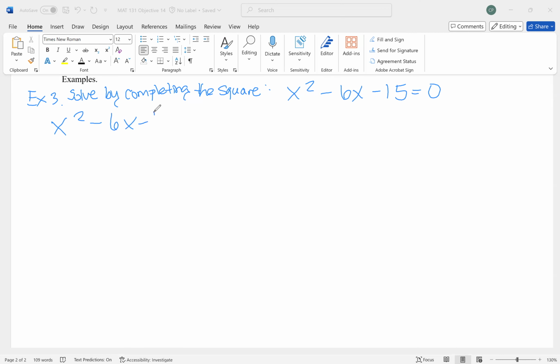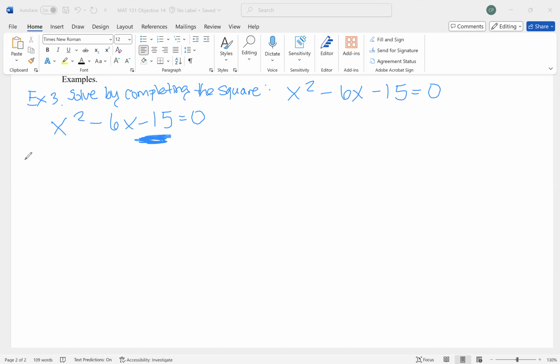So when we do that completing the square technique, we need to remember that we only had the two first terms, and then we found that third term, right? So since this problem has 3 terms and then it's set equal to 0, this negative 15 here, we need to move it to the other side.